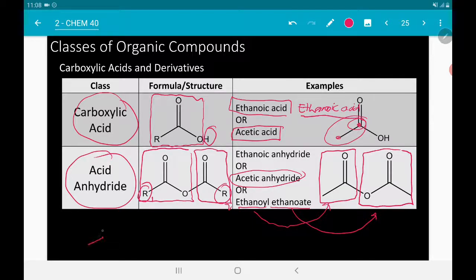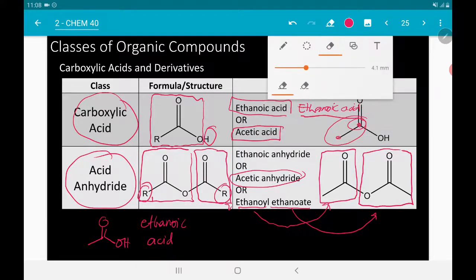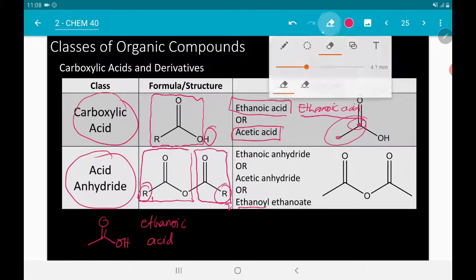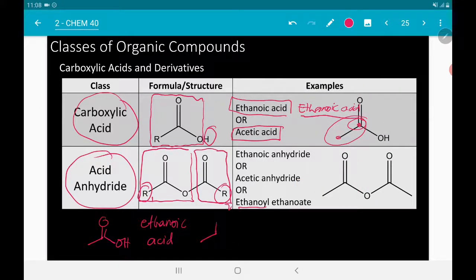So since this is ethanoic acid, yung kanyang conjugate base, kumbaga, ay ethanoate, diba? So, ito yun. That's an ethanoate. Okay? So, kumbaga, we name this consistent with the Chem 18 way of naming conjugate bases. Okay? So, pero in this case, these are carboxylic acids and derivatives.